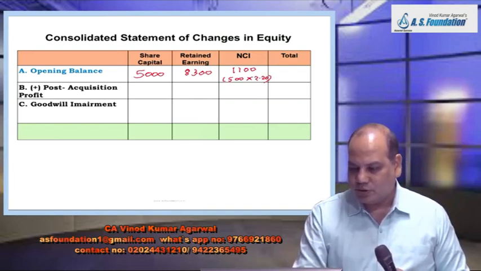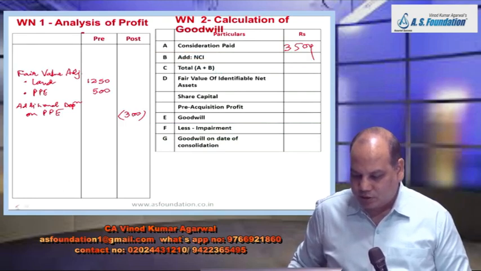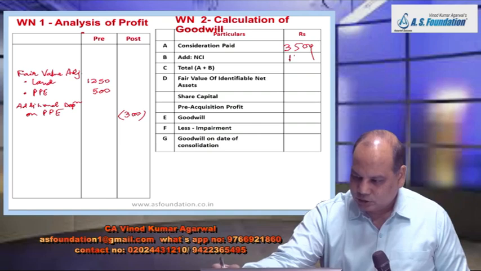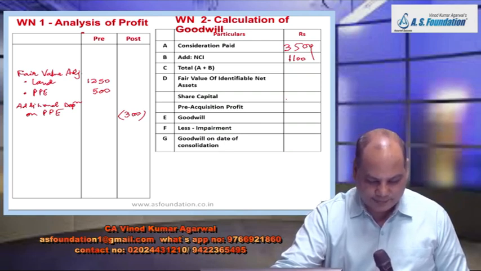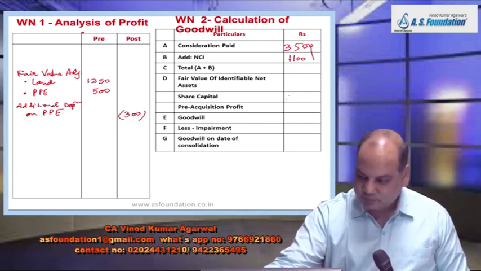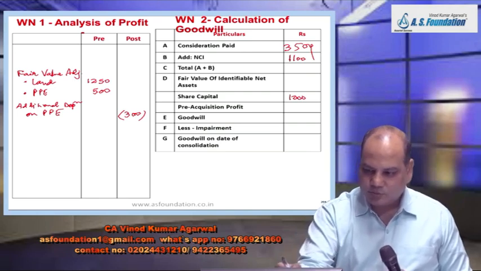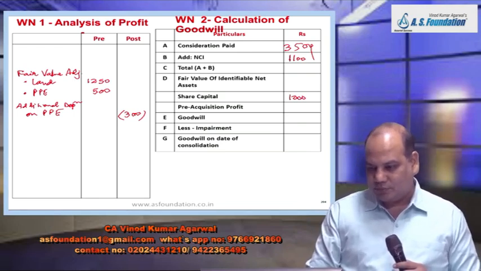Price was 2.20. And now let us also write NCI in goodwill calculation, 1100. Share capital of the subsidiary in goodwill working, is it 1000?